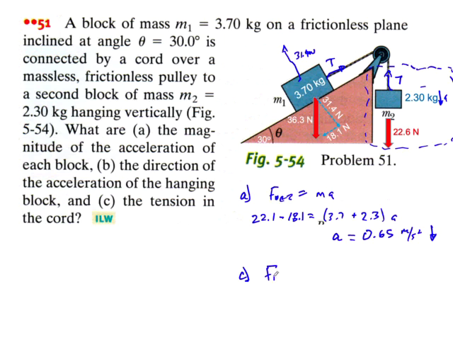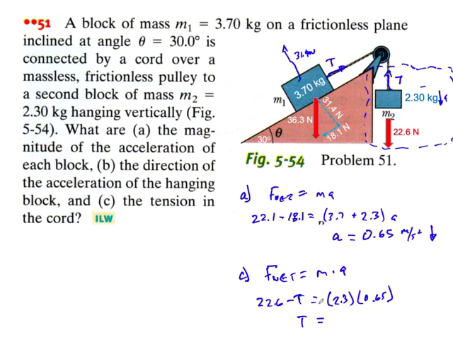We can look at the net force on the hanging block equals its mass times acceleration. The net force in this case is 22.6 minus the tension equals the mass 2.3 times that acceleration 0.65.